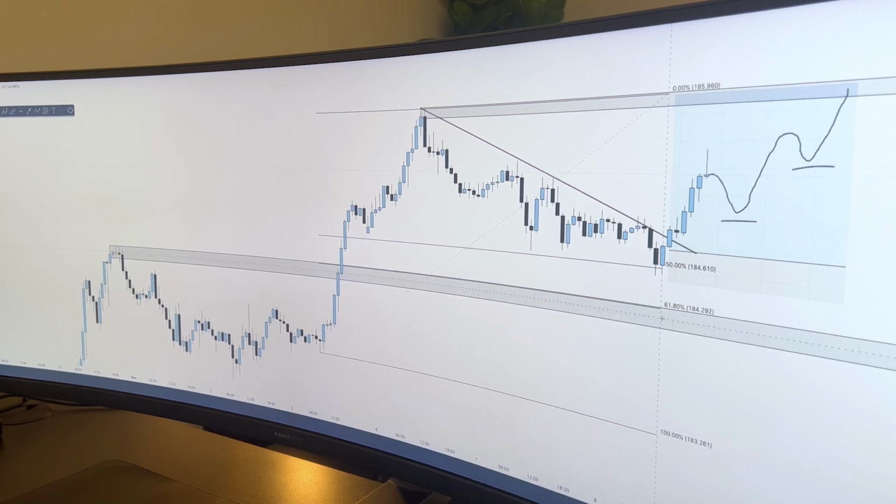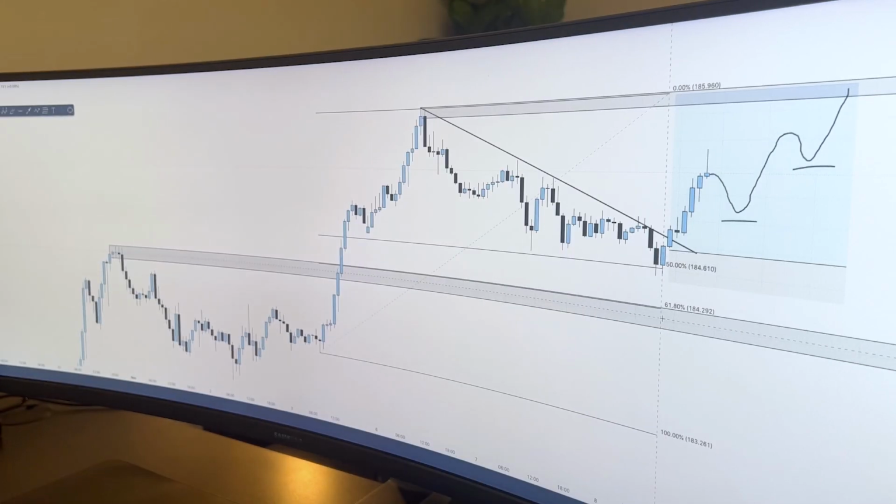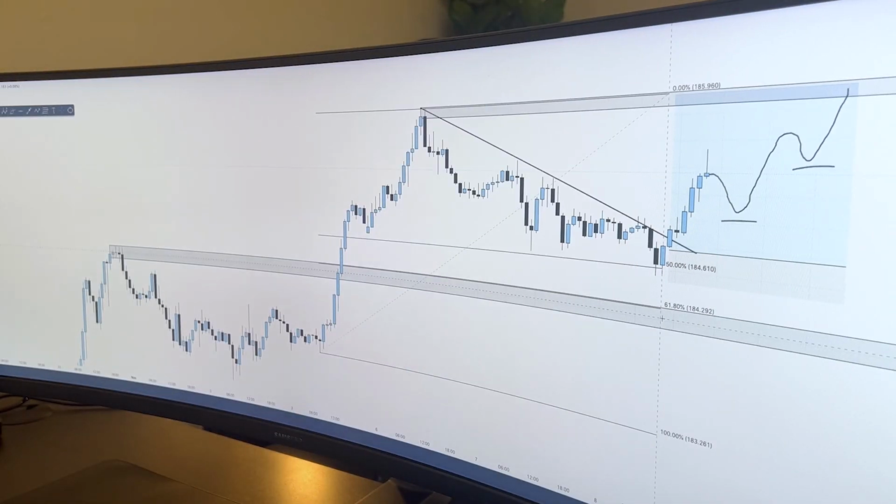Let me just quickly show you as well how it was sent into the group this morning. So let me go to here. This is the USDCHF one, some key analysis there if you guys wanted to screenshot that. And then also my GBPJPY one was sent in the group as well for people to take advantage of, and that's the trade before.